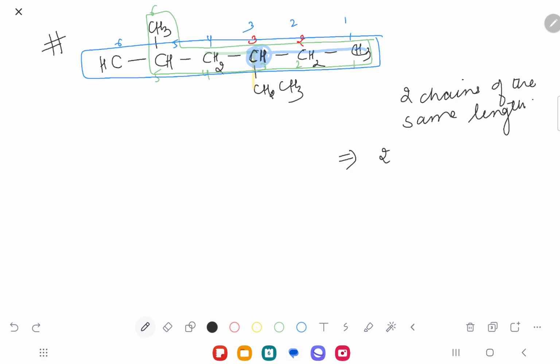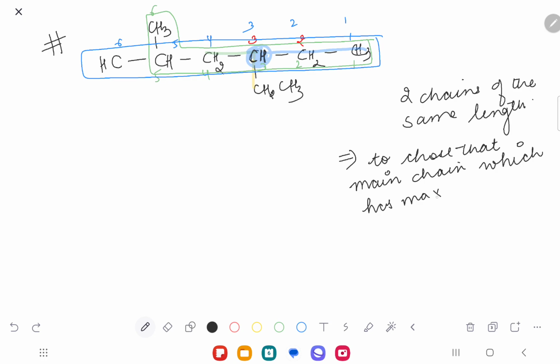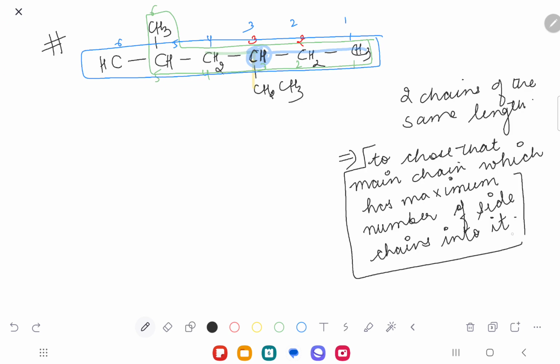We have to choose that main chain which has the maximum number of side chains in it. You understand? Okay. So that is the concept.